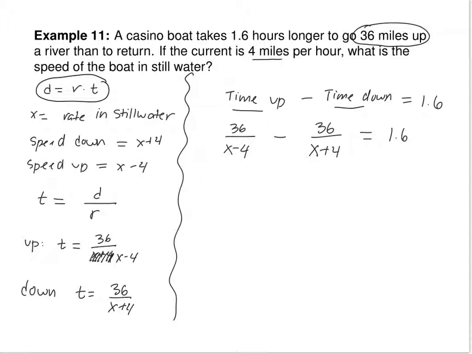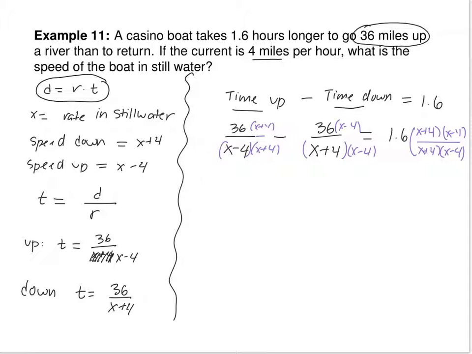But anyhow, let's not do that. Let's just get a common denominator. Let's multiply the first fraction by x plus 4 over x plus 4. How about the second one? x can't equal 4. Yep. And the one on the right gets multiplied by both of them, right? x plus 4, x minus 4 over x plus 4, x minus 4.